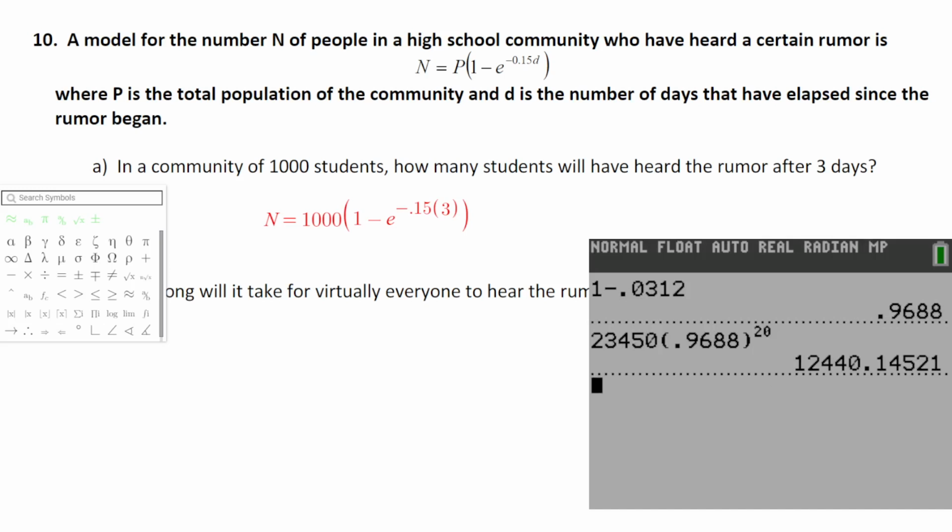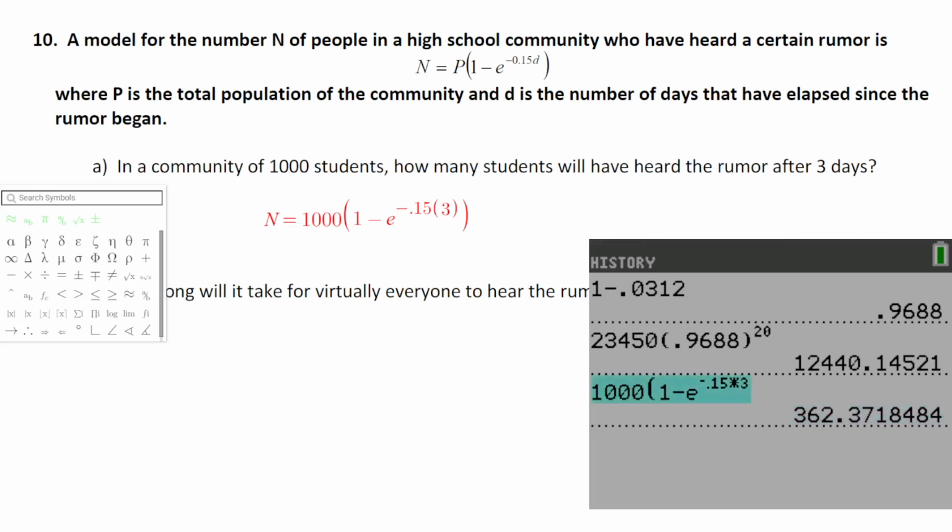So yeah, let's go ahead and type that in. 1,000 times 1 minus Euler's number to the power of negative 15 hundredths times 3. Okay.